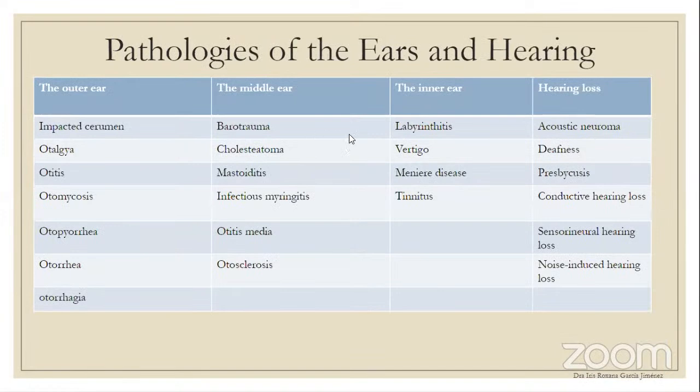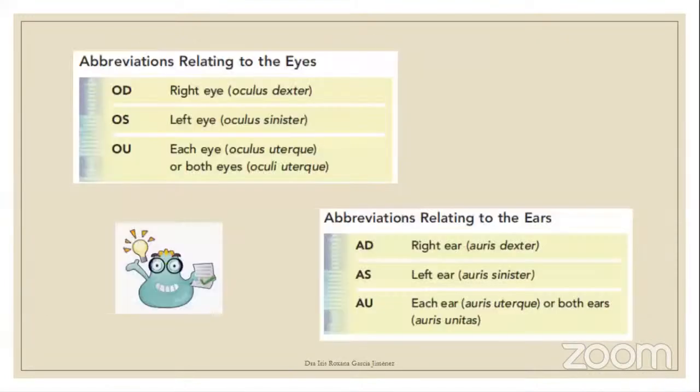About ears and hearing, we have the outer ear, the middle ear, the inner ear, and hearing loss. Checking the hearing loss, we can check acoustic neuroma, deafness, presbycusis, conductive hearing loss, sensorineural hearing loss, noise-induced hearing loss. Okay, practice on this.